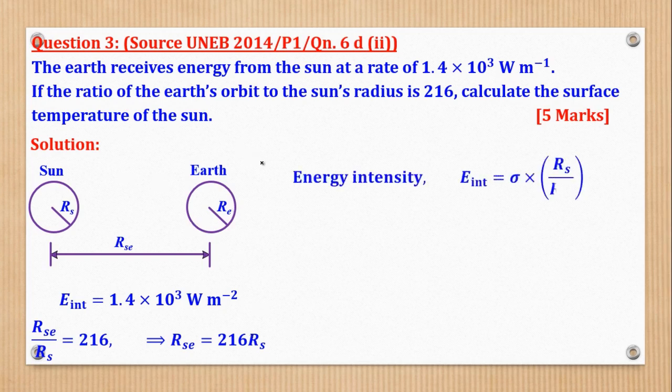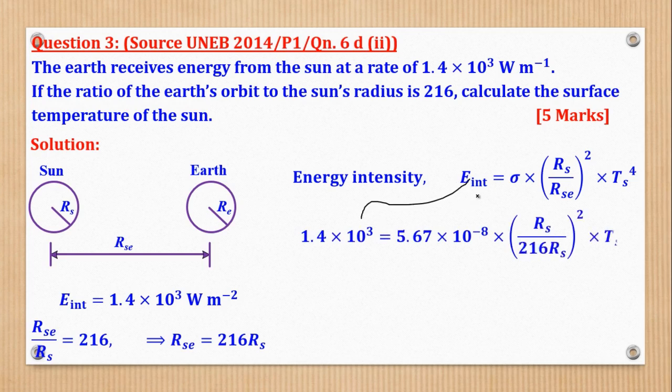So I'll come here and quote my formula for energy intensity. After quoting the formula, I'll begin substituting. Energy intensity is that, Stefan's constant is that, then RSE I'll put this here. Now from there I realize that this and this cancel.